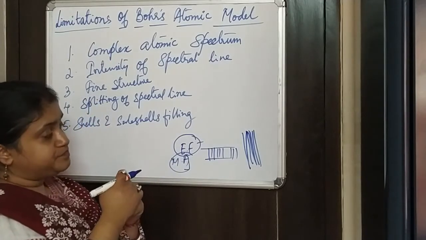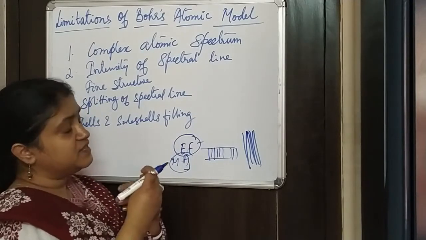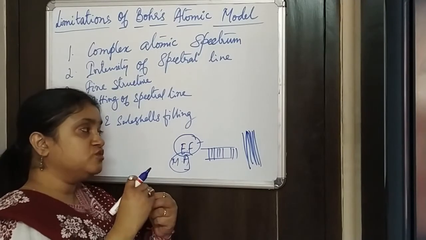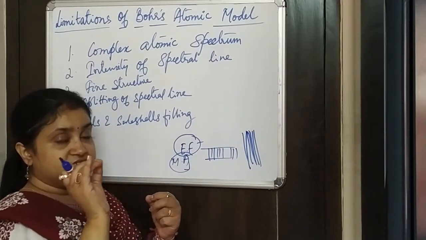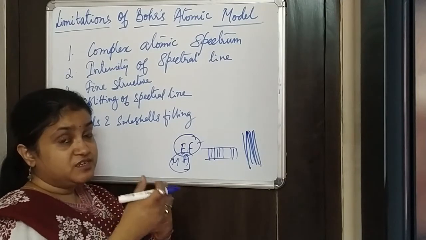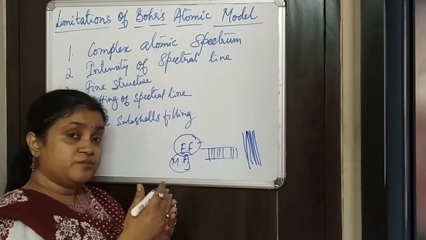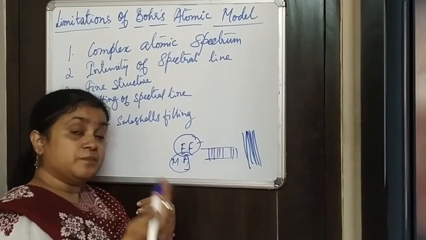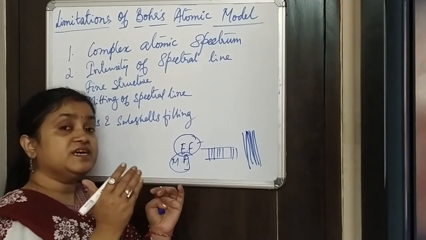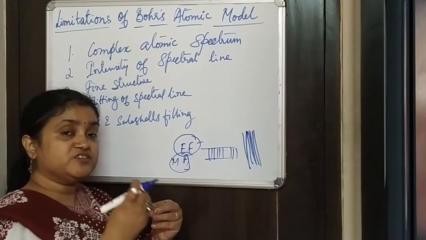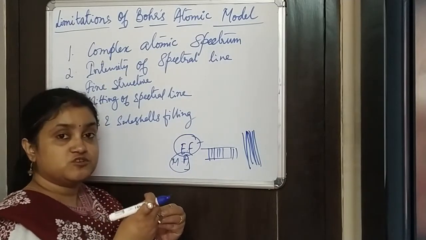And finally, it was seen that electrons were not only in proper discrete orbits. There were shells of these orbits, and there were subshells of these orbits. So these orbits alone are not enough to explain or define the electron's position.